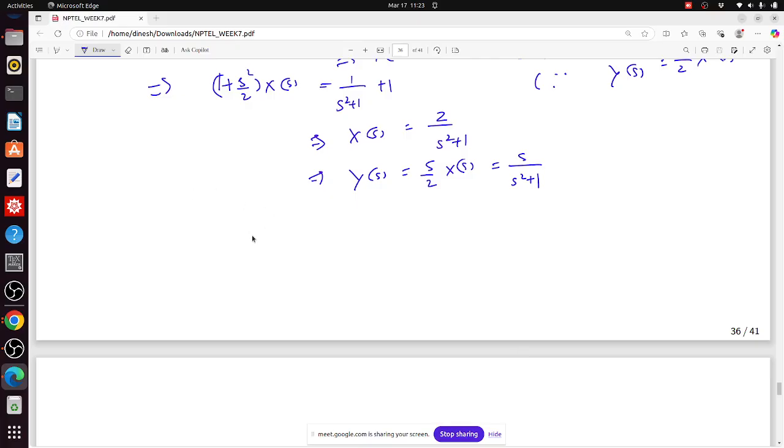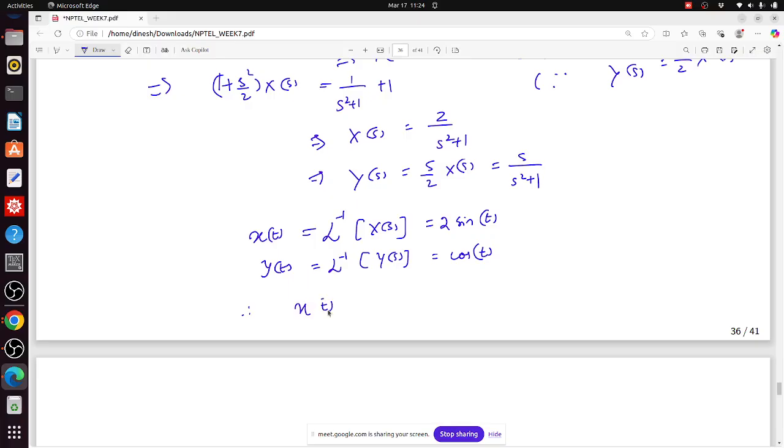So here x(t) is the inverse Laplace transform of X(s), that is equal to 2 sin t. Here y(t) is the inverse Laplace transform of Y(s), which is cos t. Therefore x(t) is equal to 2 sin t, and y(t) is equal to cos t.